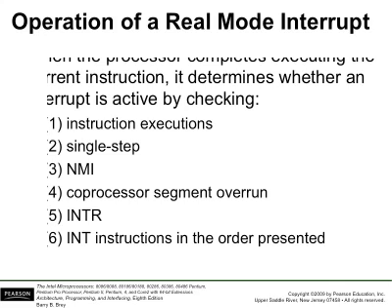For example, it will check whether the single step trap flag is asserted, whether there's a non-maskable interrupt, or if there's a coprocessor error, or there is a hardware interrupt signal asserted, and then it also checks if the next instruction is an INT instruction. And it follows this order.